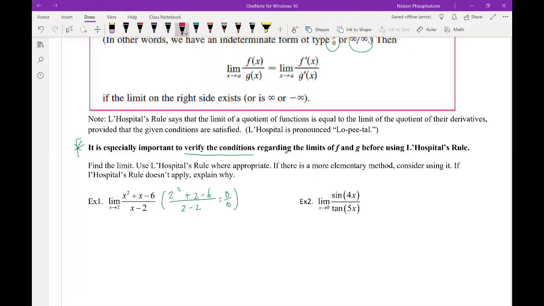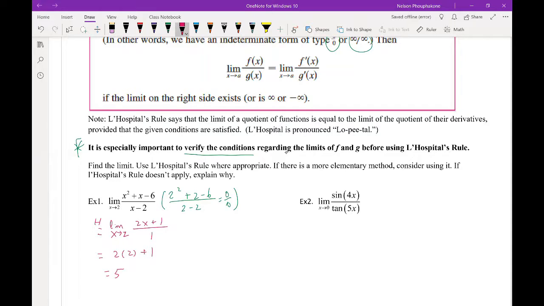In this case, we could apply the L'Hopital rule, and take the limit as x approaches 2 of 2x plus 1 over 1. Then we could just use direct substitution: 2 times 2 plus 1. So the answer is equal to 5. That's it. This is how we use the L'Hopital rule.